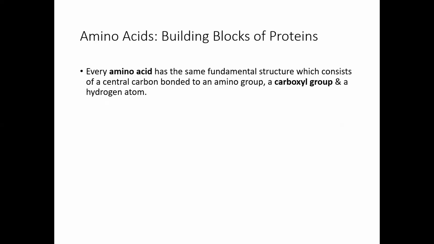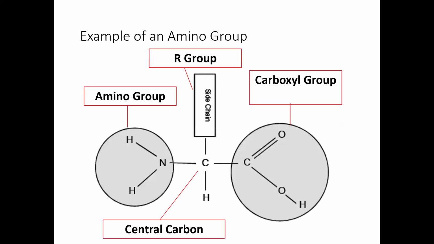So we actually look at amino acids, which we call the building blocks of the protein, and every amino acid has the same fundamental structure, which consists of a central carbon bonded to an amino group and a carboxyl group and also a hydrogen atom. So briefly, we have already looked at this.